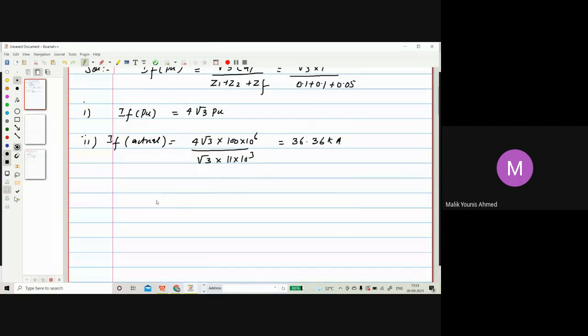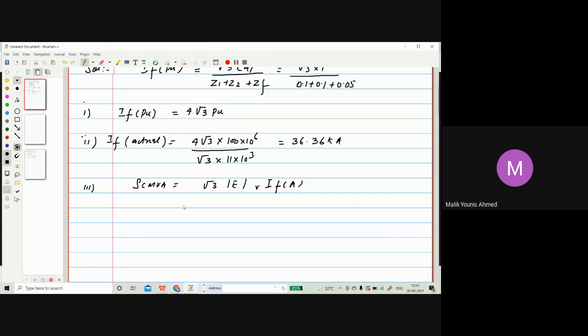Next is short circuit MVA. Short circuit MVA can be written as under root 3 E into IF in amps or kiloamps, whatever you want to.